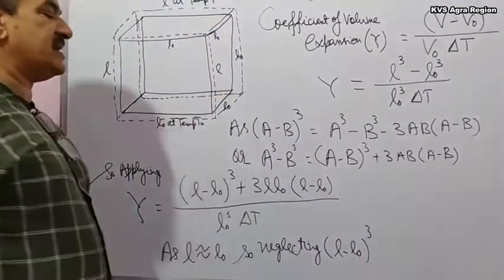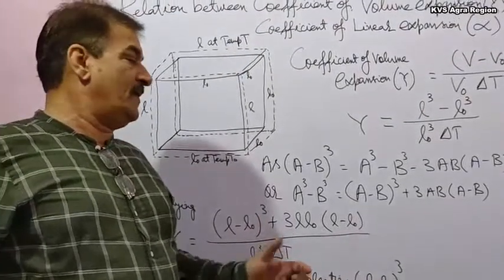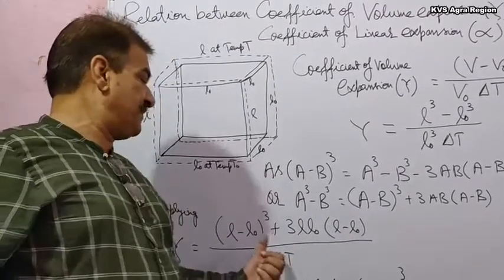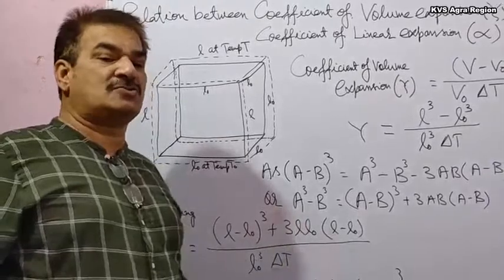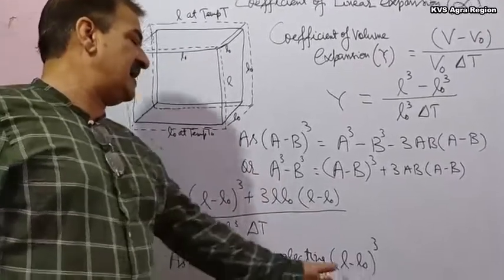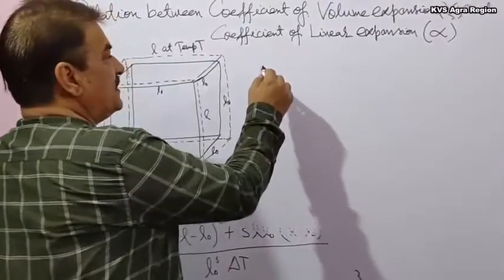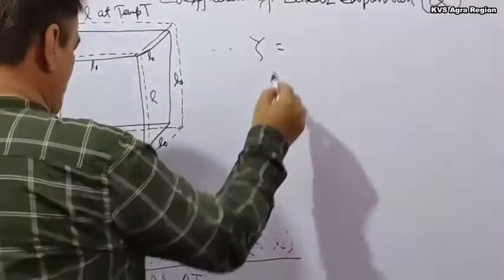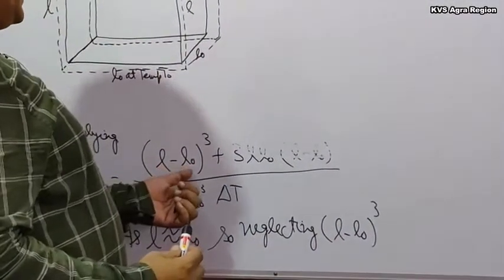We are not saying that L minus L naught is very small, but L minus L naught is small, and the third power of it will make it even smaller. So we are neglecting L minus L naught cube. Therefore, what we get: this term has been neglected.